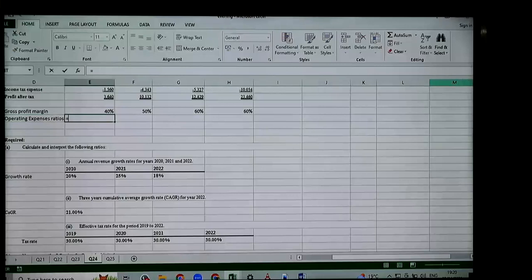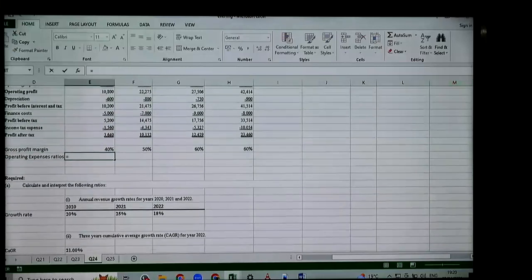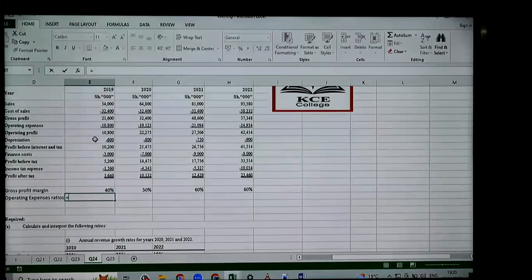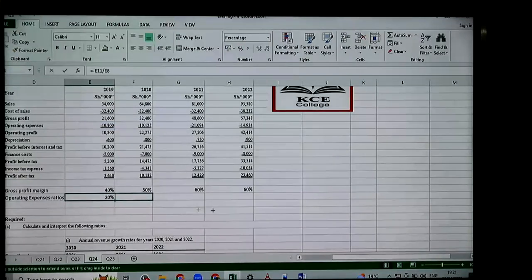Our operating expenses are here, and because they are started with a negative, I'll start with a negative, then divide by our sales, isn't it? Control enter. Then I'll do percentage. I drag along. So I'll maybe increase the decimals again. Okay.